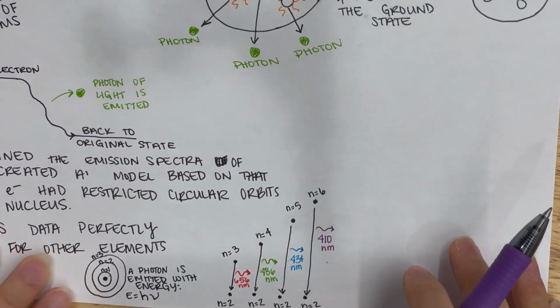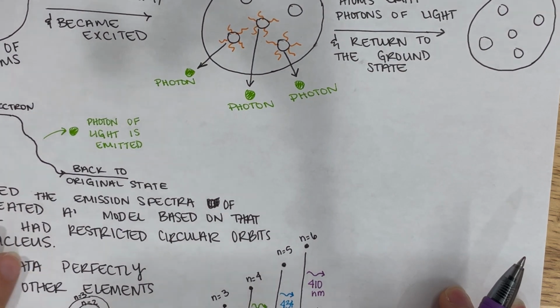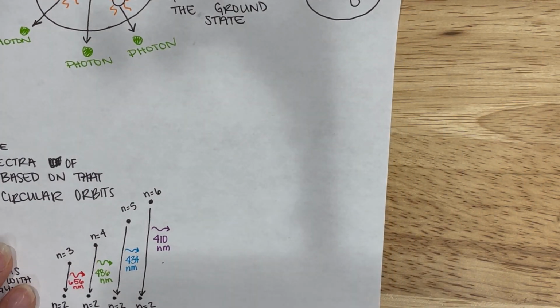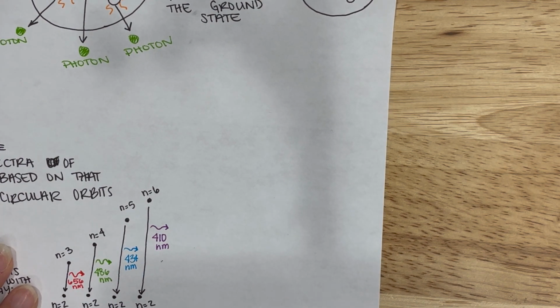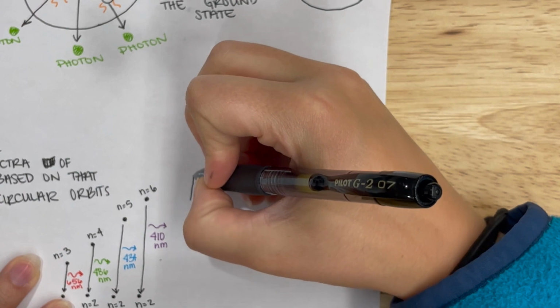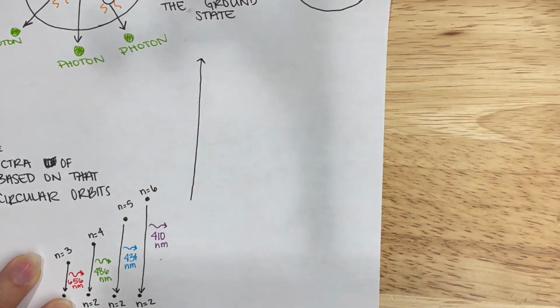Okay, we can draw one last picture to explain this, and then we're gonna call it a day, and you guys can work on practicing these calculations with light and photons and all of those wonderful things. So what these spectra look like that Bohr was looking at is they were an energy spectra, right?